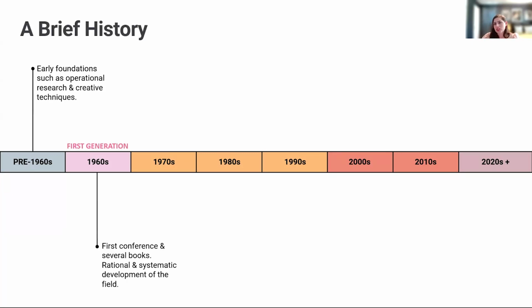Then the first generation of design research came about in the 1960s, where we started to see some of the first conferences and several books for a lot of different industries coming out, trying to articulate what exactly does design research mean. And a lot of scholars look back on that time and call it a rational and systematic development of the field. So really just some of the initial sprouts of that thinking.